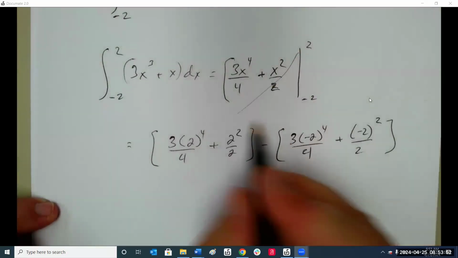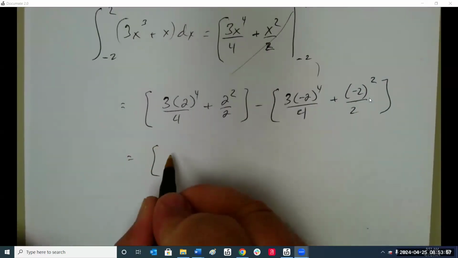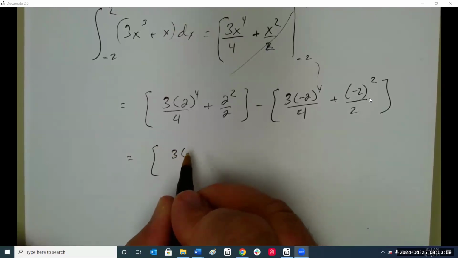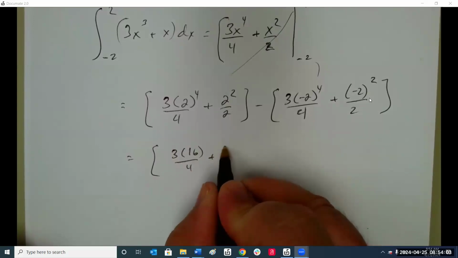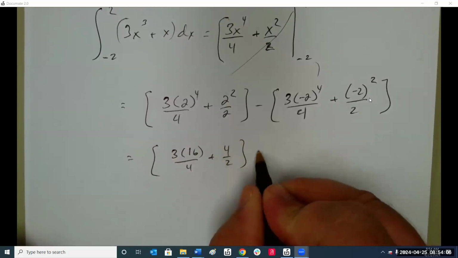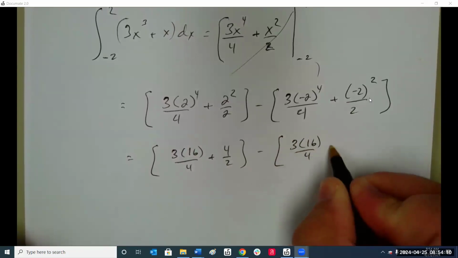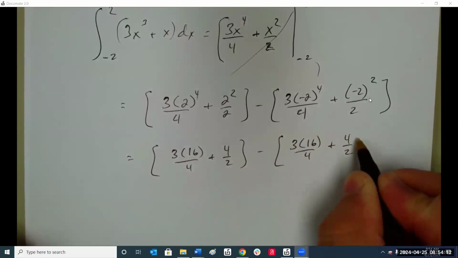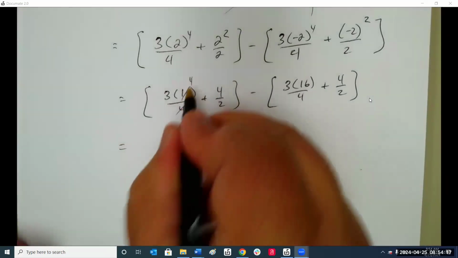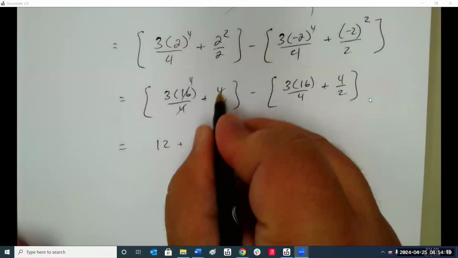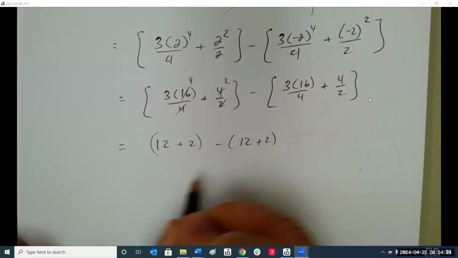This is at +2 and this is at -2. Three times 16 over 4, 4 over 2. Those cancel, so we have 12 plus 2 minus 12 plus 2.